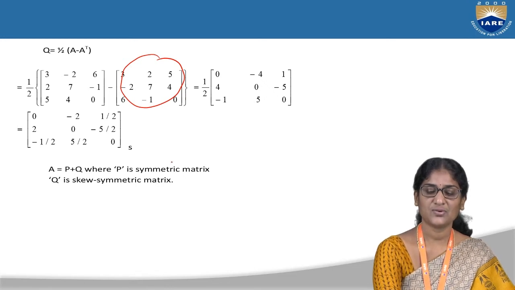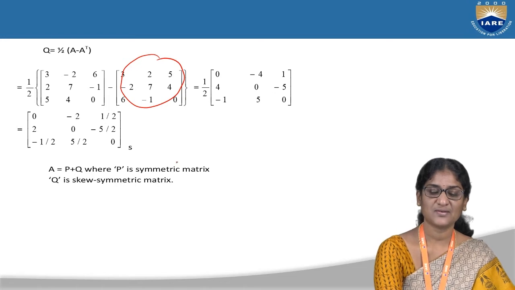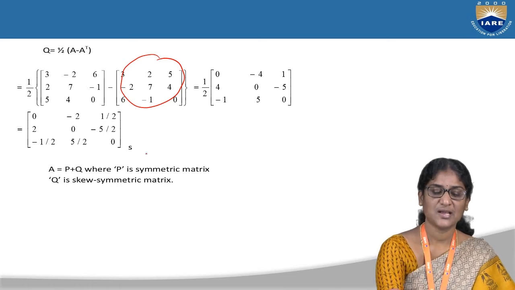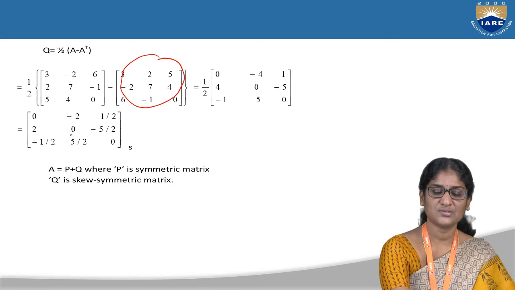I got 0, minus 4, 1; 4, 0, minus 5; minus 1, 5, 0. Upon dividing by 2, my skew-symmetric matrix is 0, minus 2, 1 by 2; 2, 0, minus 5 by 2; minus 1 by 2, 5 by 2, and 0, right?